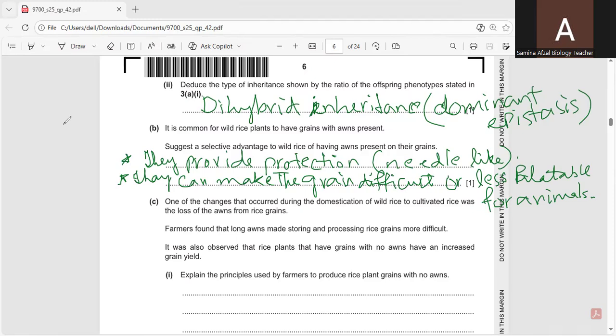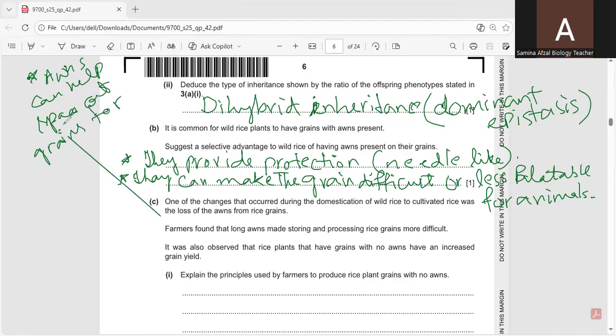And third can be, we can write that they help space out grains for better air circulation.